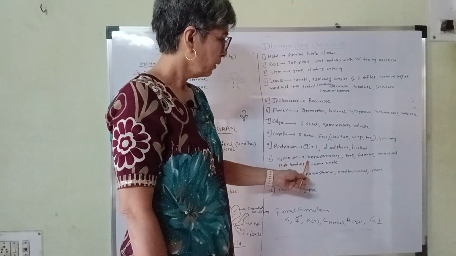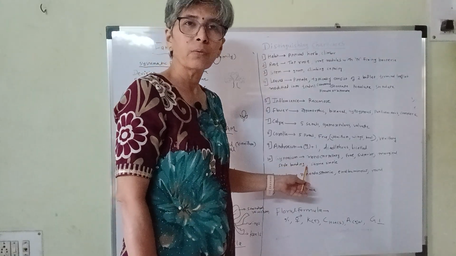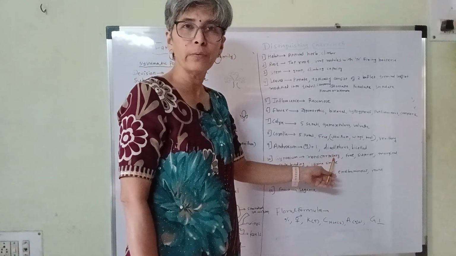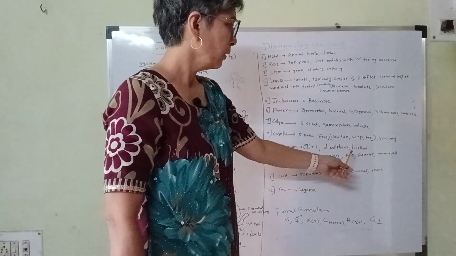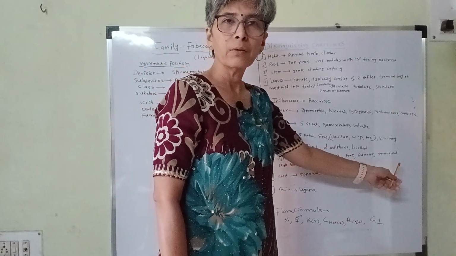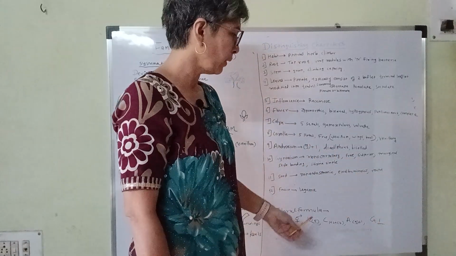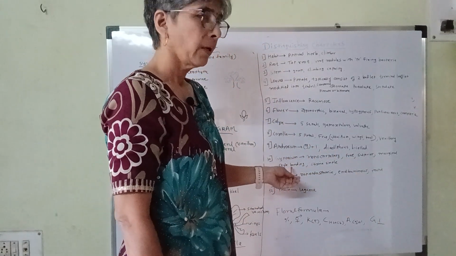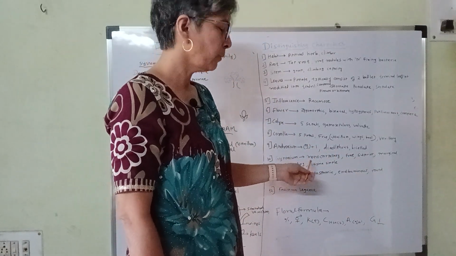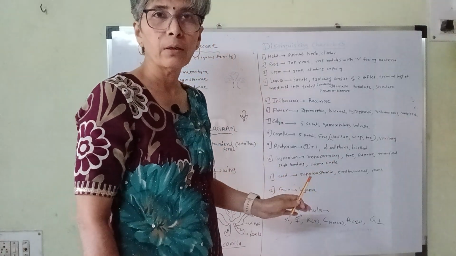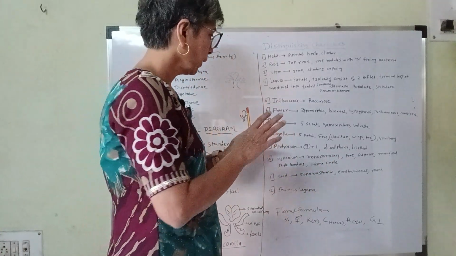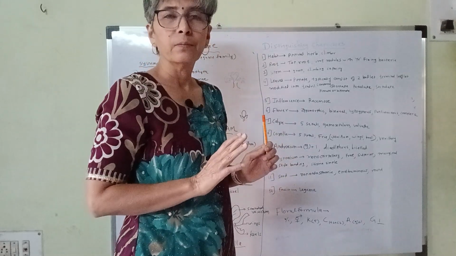Gynoecium. Gynoecium consists of monocarpellary ovary. It is free, superior with marginal placentation and style is bending, stigma is simple. Okay. Then seed.